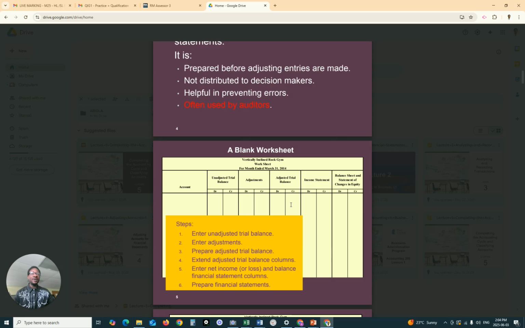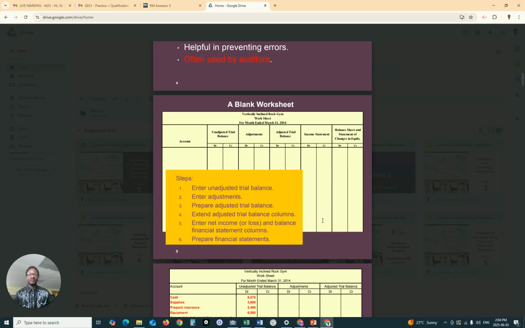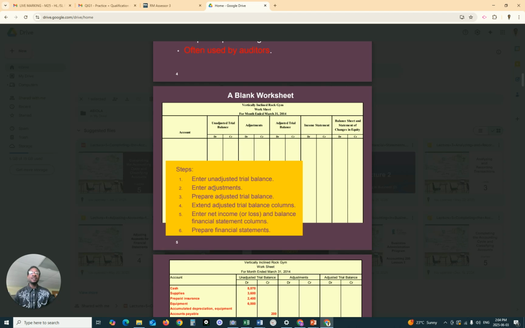After the adjusted trial balance, we then proceed to prepare the financial statements. That's the income statement, the balance sheet, statement of changes in equity. So the steps taken are to enter unadjusted trial balance, enter adjustments, then prepare adjusted trial balance.